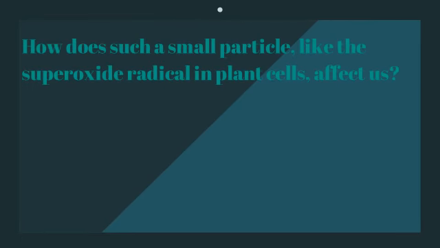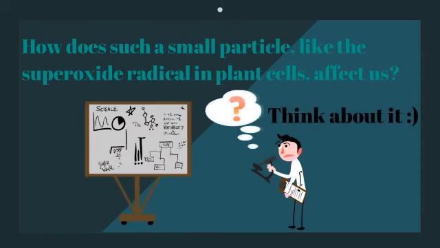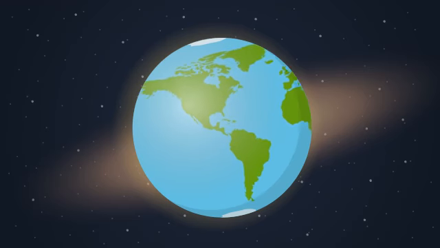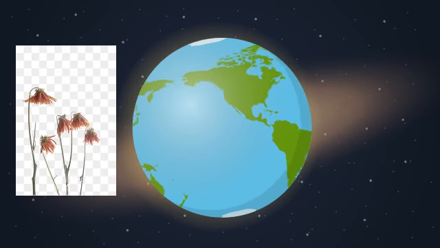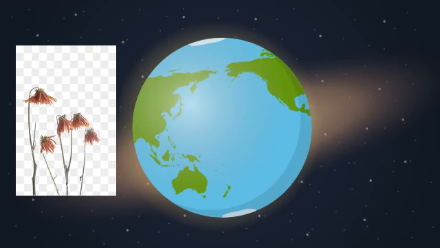So here's a takeaway question. How does such a small particle, like the radical superoxide anion, in plant cells affect us? The superoxide can cause changes in plants that we can see, like yellow leaves and desiccation.